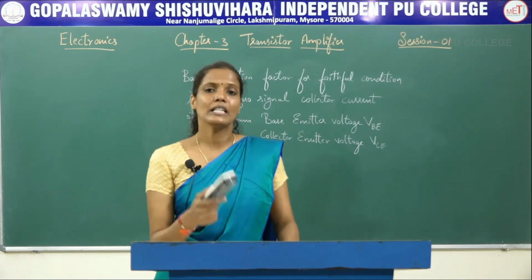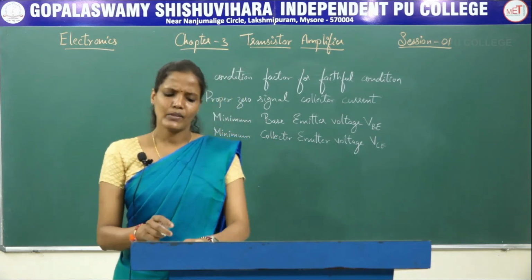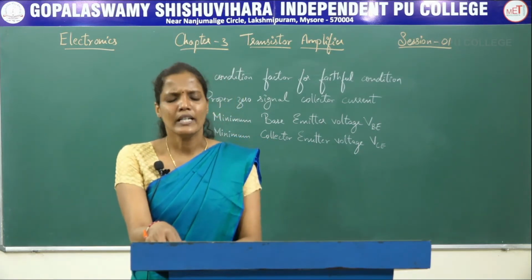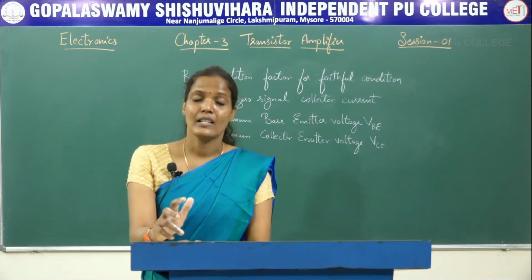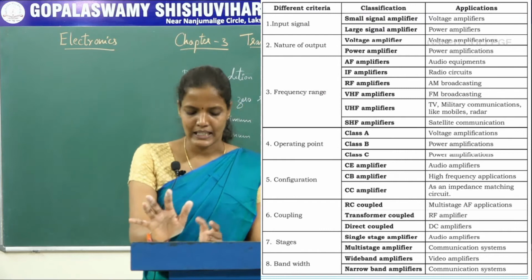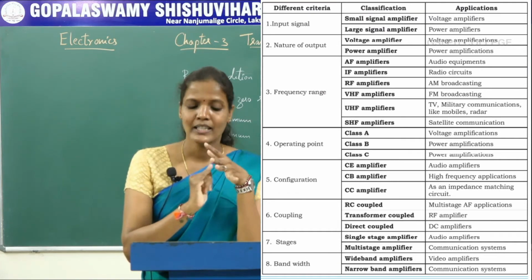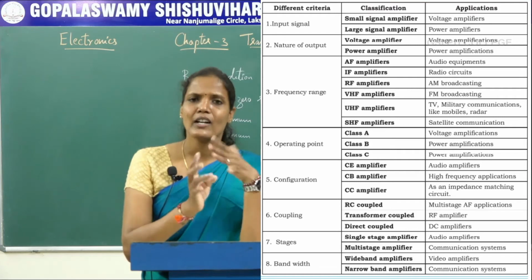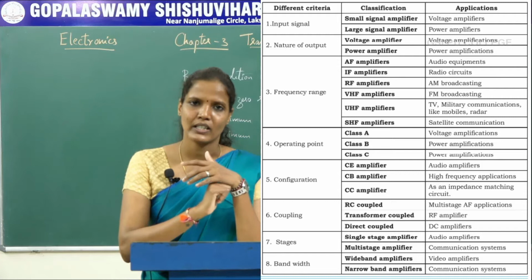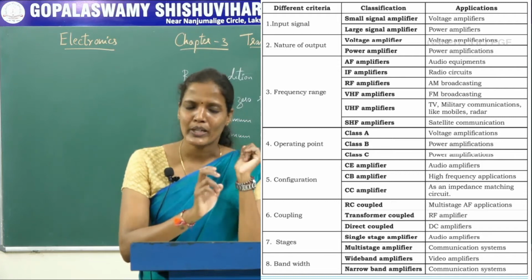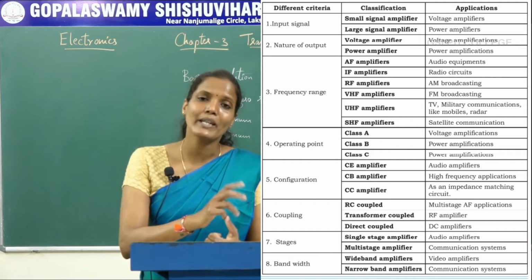Next we are going to see the classifications of amplifiers. These amplifiers are classified in a broad manner depending upon the criteria. There are a number of criteria like input signal, nature of the output, bandwidth, and configuration, such as CC configuration, CE configuration, CB configuration, apart from that Q point. There are many different criteria by which the amplifiers are classified.